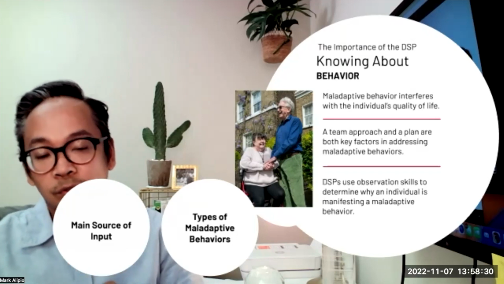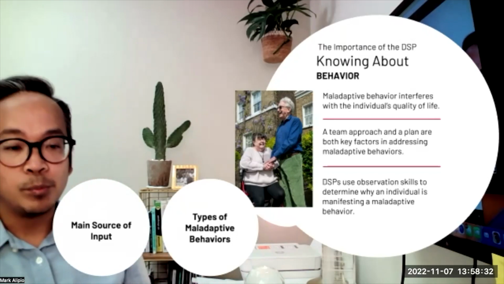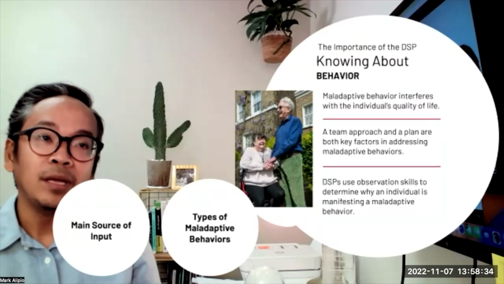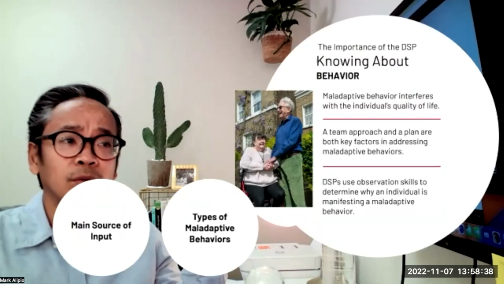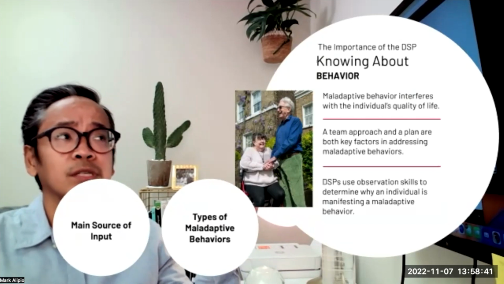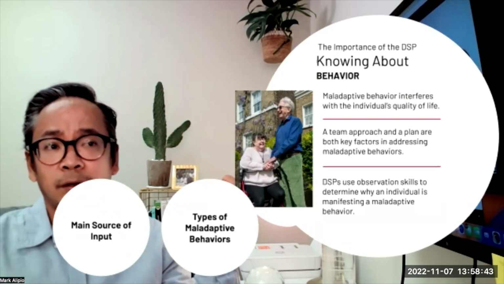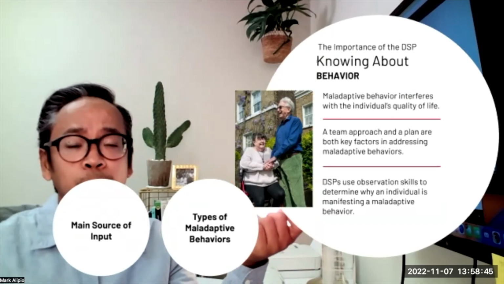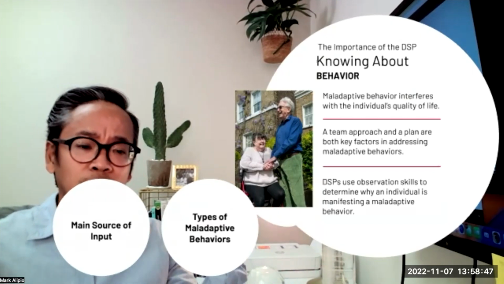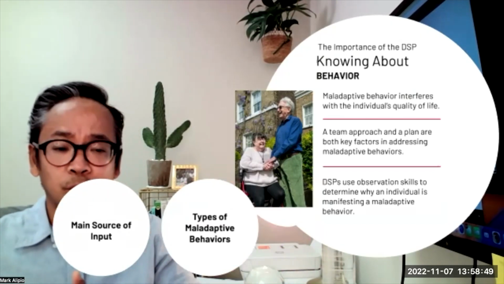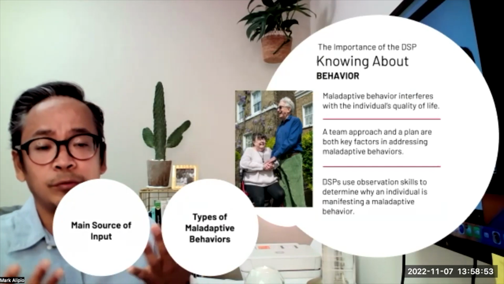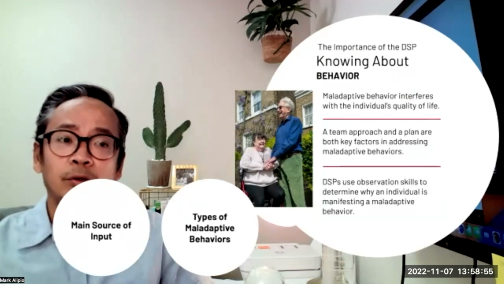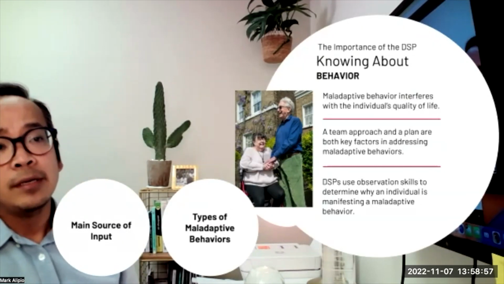So when any of those three becomes present in any maladaptive behaviors, a team approach is definitely something that you and your team have to consider, planning ahead of time. And also be enthusiastic in being able to implement these plans, so that you can better improve or have discussions as to how you can improve next time, right?